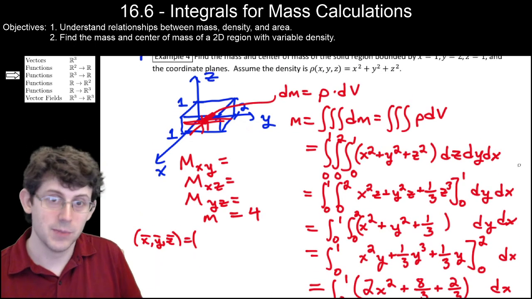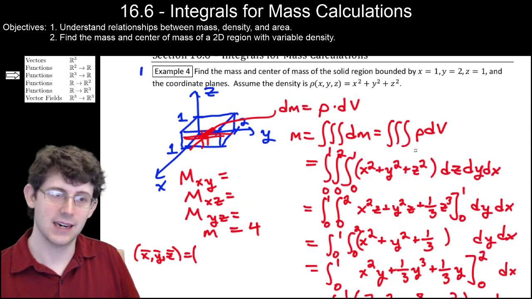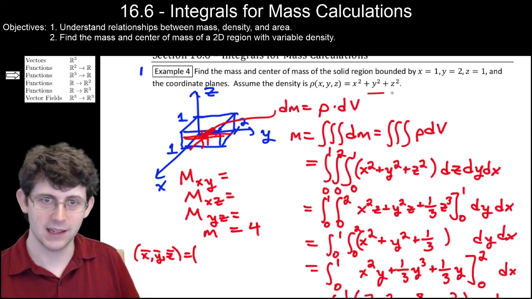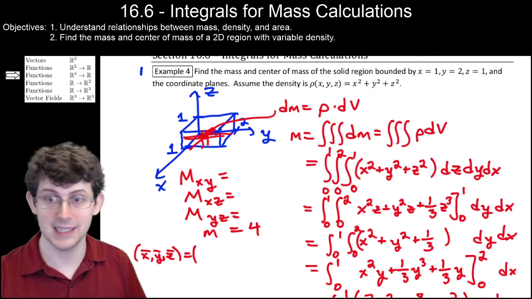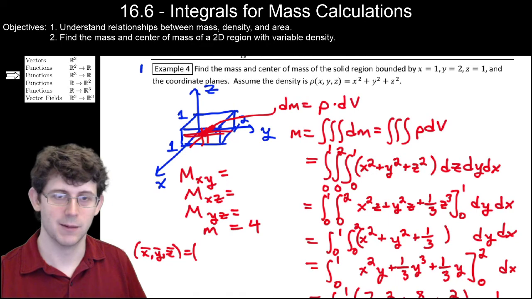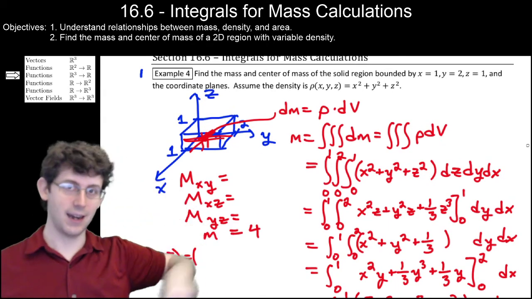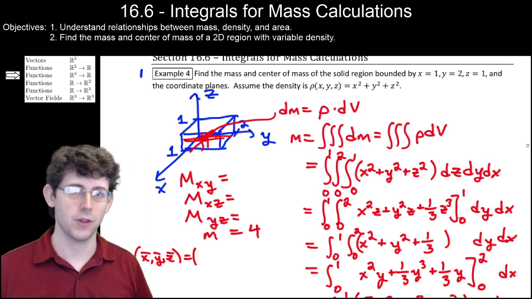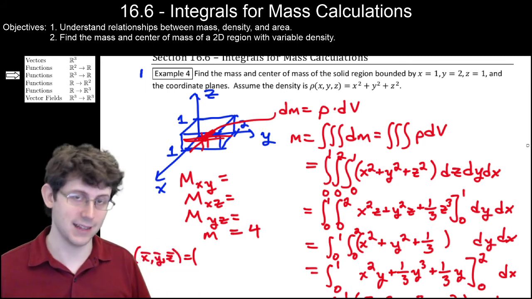We have 3 more triple integrals to do. I don't see any way out of this. We'll have to take this density function, multiply it by x, multiply it by y, multiply it by z, and integrate. And I guess I do see one way out of it, which is that x and z are completely symmetrical. So the one where we put x in the integral and the one where we put z in the integral will be exactly the same answer.